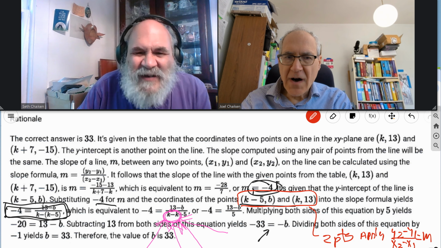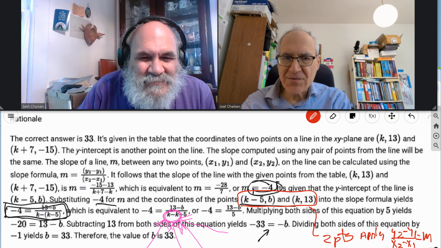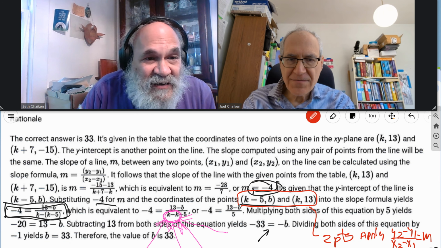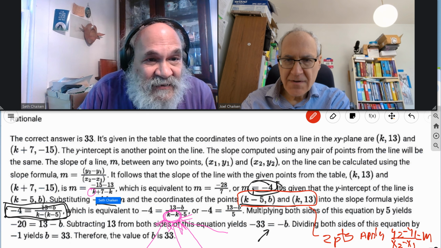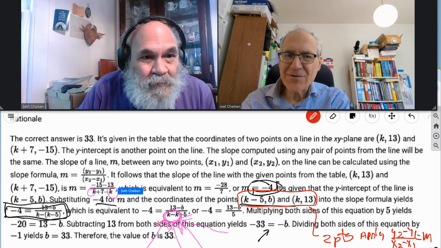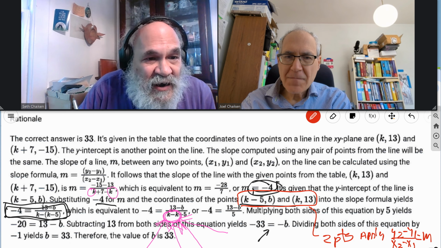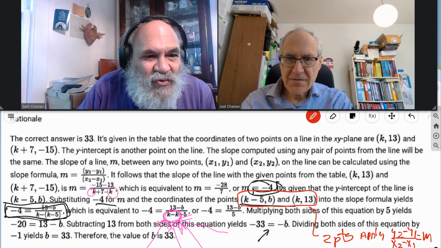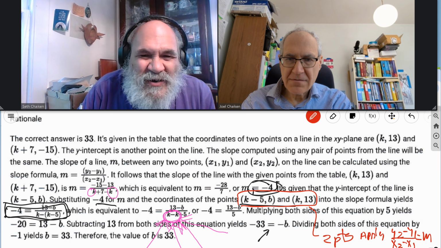Yeah, but that's part of the data. I know, but how is that used in the question? Okay, here the k's cancel again. No, but how is that used? That's a good question. Let me look. How is it used? The y-intercept is another point on the line.